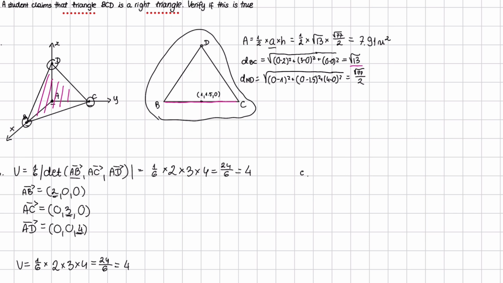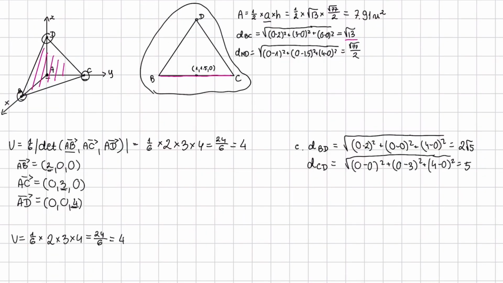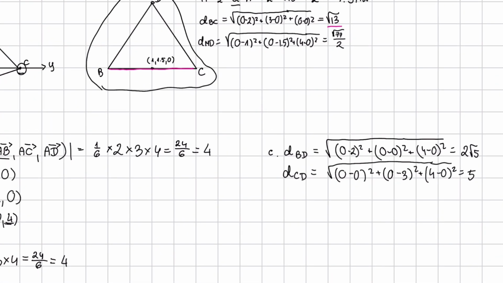So let's calculate distance BD and distance CD. So these are our distances, and now we have to use the Pythagorean theorem just to prove that this triangle is not right angled.